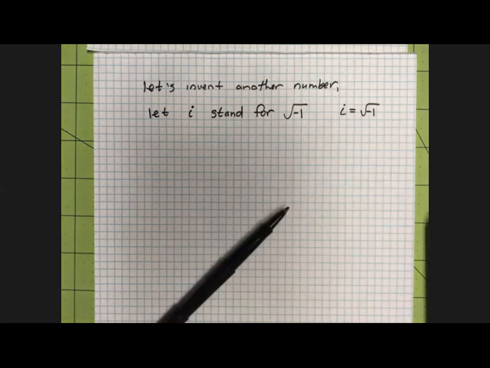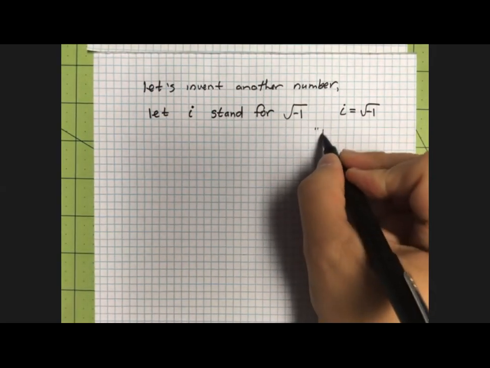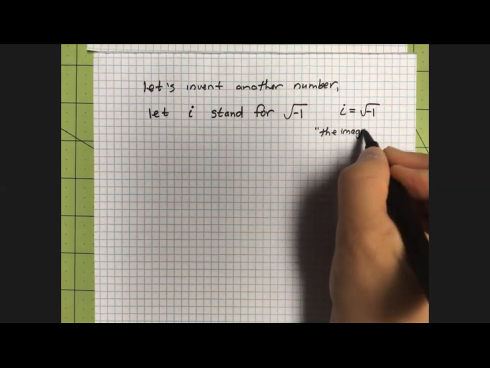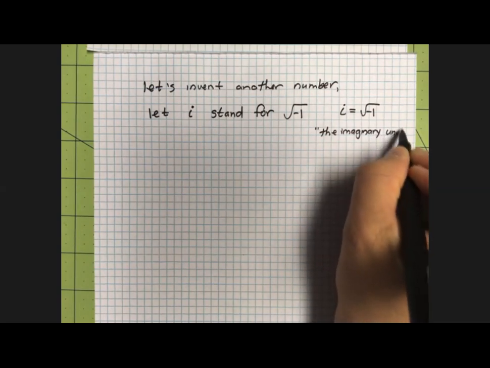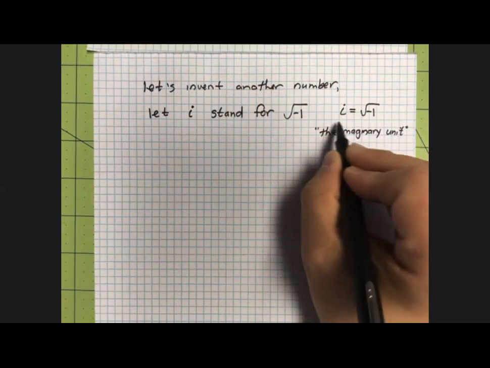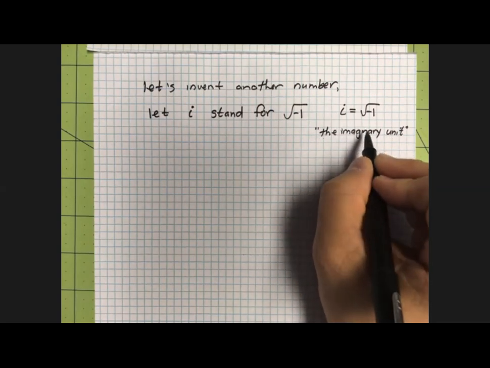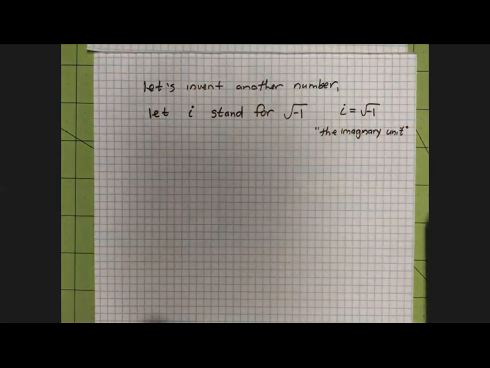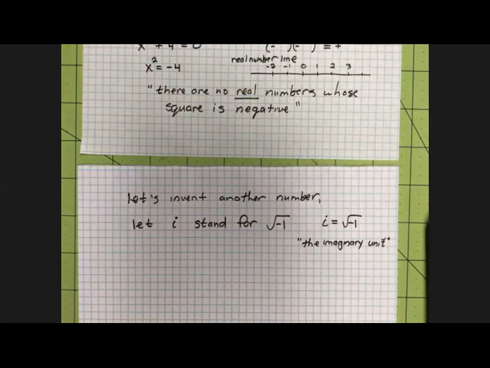Traditional letter. It's called the imaginary unit. And sometimes people in math get a sense of humor and they say, this is not a real number. Let's call it an imaginary number. That doesn't mean it's not a real thing. It just means it's not on the real number line that we're used to counting numbers on.